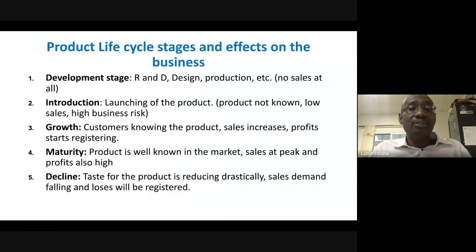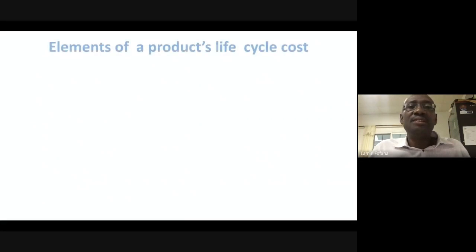No matter how sweet something is, after a certain period, they tend to feel bored about it, and then their interest for the product or services will definitely diminish, and as such, the sales demand will diminish. And of course, if sales come down, then the organization will stop registering profit, and it can go into a loss-making situation. So these are the 5 stages.